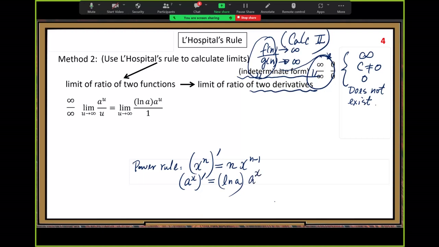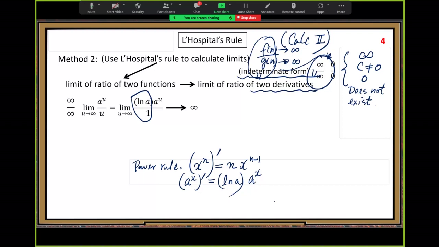So you see the ratio of two corresponding limits. After we do the simplification, because now constant part. Then when u goes to infinity, you can see the result goes to infinity.